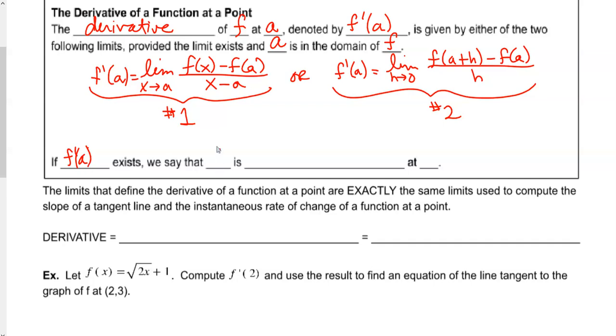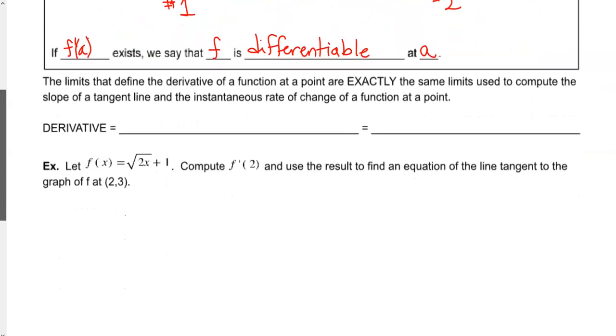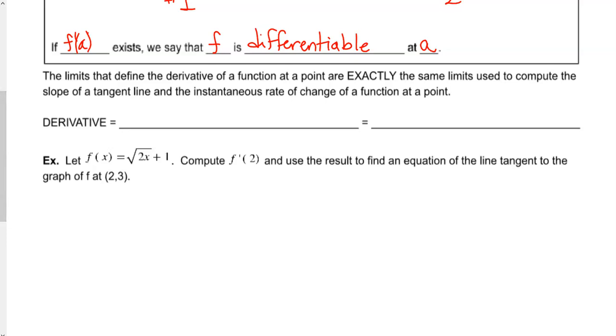exists, we say that f is differentiable at A. Okay? Differentiable means that a derivative exists at that point. So the limits that define the derivative of a function at every point are exactly the same limits used to compute the slope of a tangent line and the instantaneous rate of change of the function.